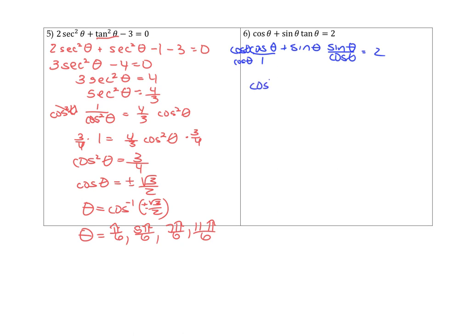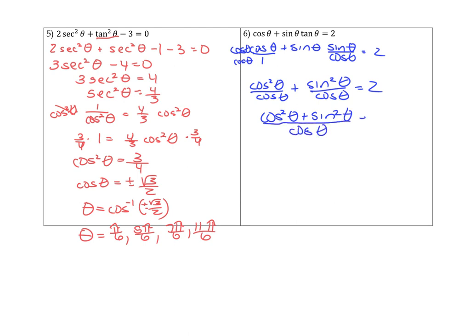So I get cosine squared theta over cosine theta plus sine squared theta over cosine theta. And remember, this is all one big fraction, so cosine squared theta plus sine squared theta over cosine theta equals 2. Remember that top, and I know someone already said it, that's Big Daddy. So I've got 1 over cosine theta equals 2.